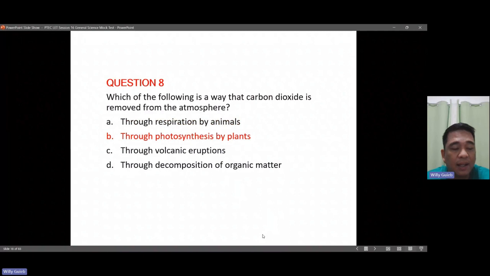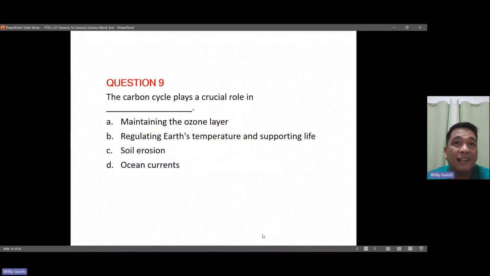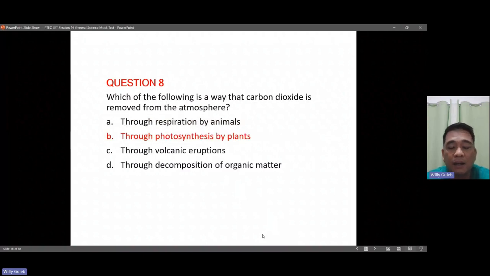So it is but natural, in the context of ecological balance, that the increased number of trees or green organisms that make use of carbon dioxide in the process of photosynthesis will definitely be one of the strategies on how we can lessen the amount of carbon dioxide.